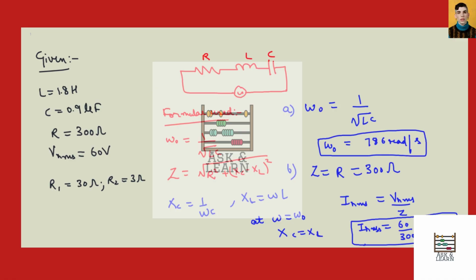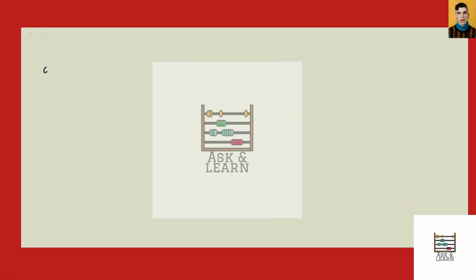Now we go to the C part. We have I equals 1 over root 2 of IRMS, which is equal to VRMS over Z, which is equal to VRMS over the square root of R square plus XC minus XL squared.